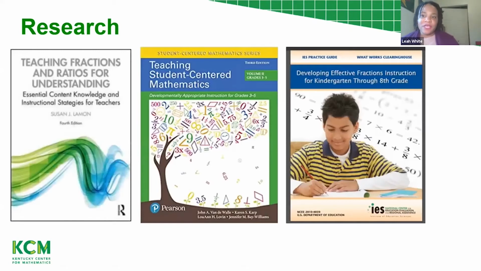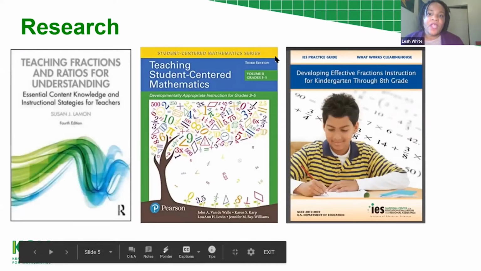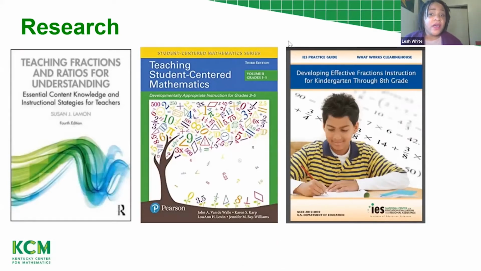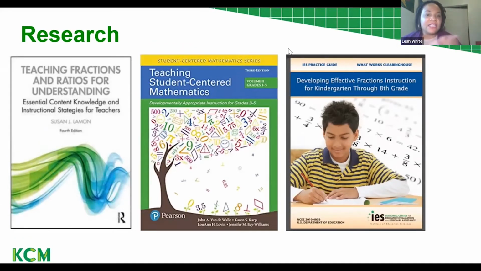The research behind the work: these are three awesome texts that I'm sure you've all seen or are familiar with, and they were also referenced in the previous sessions this week. The Lamon text gives you a great overview of teaching fractions and ratios for understanding, with examples.